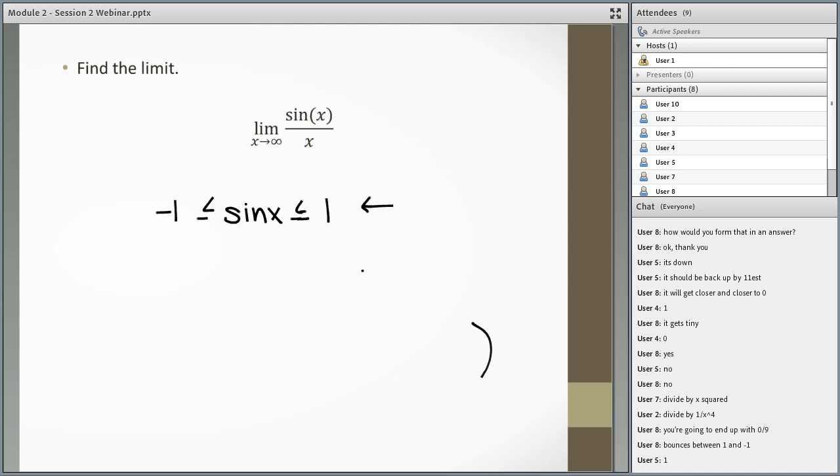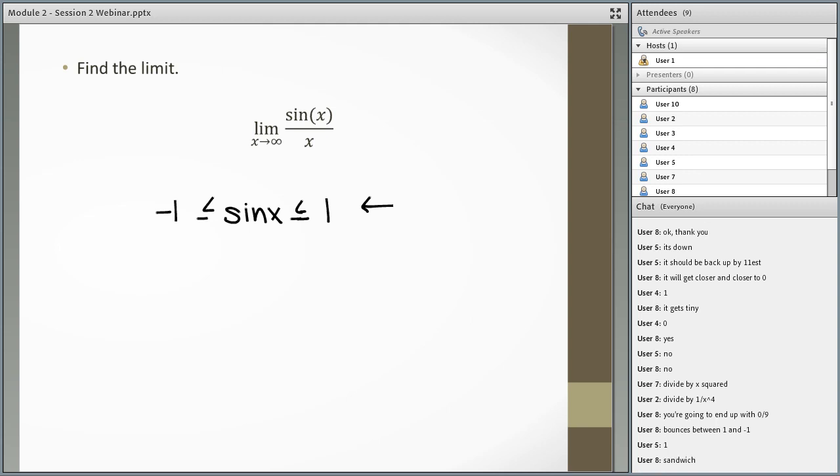Does this look familiar? Well, going back to the very beginning, good, yes, the sandwich theorem.